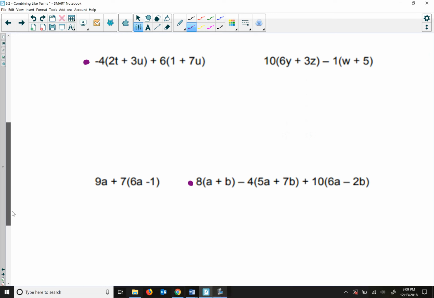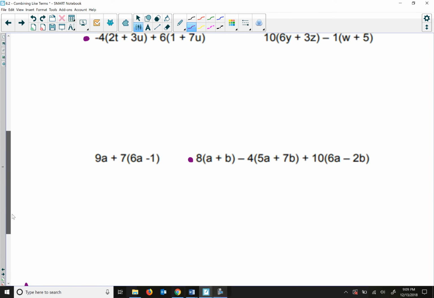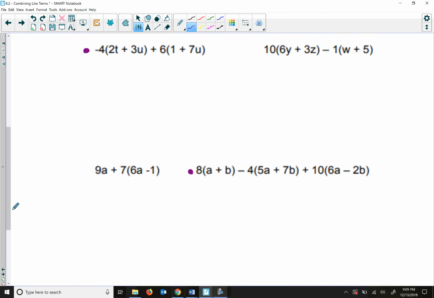So I've got what did I say? 4 left? 4 left. Here with this next one in the upper left-hand corner. Now they're going to have you distribute twice. They're going to have you distribute here, and they're going to have you distribute here. So negative 8t, so that negative 4 times 2 gives you negative 8.